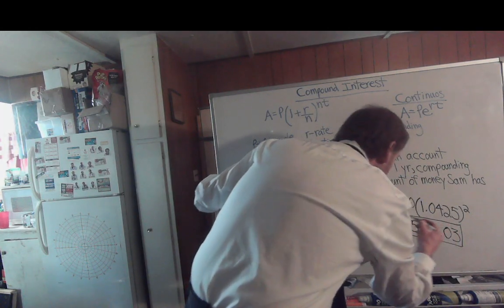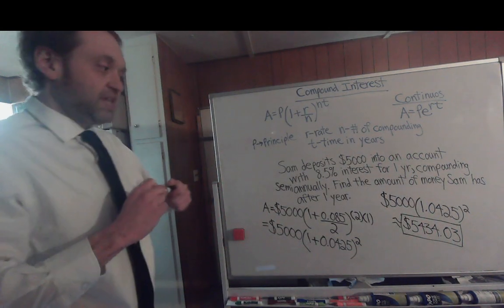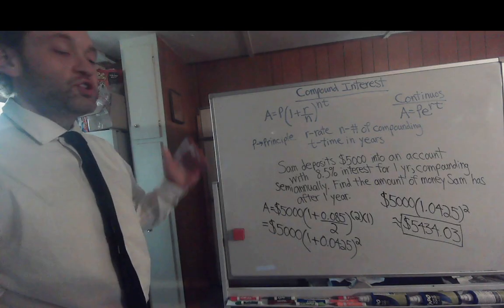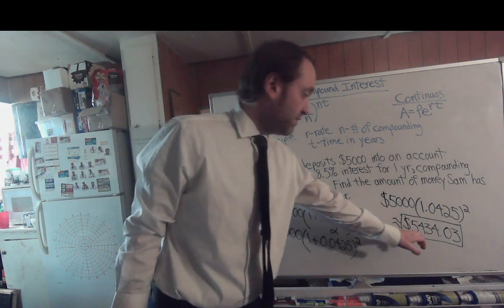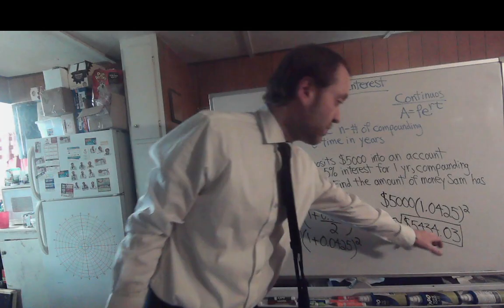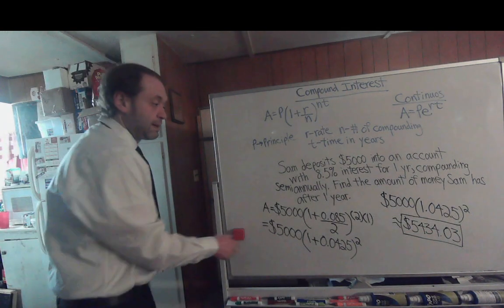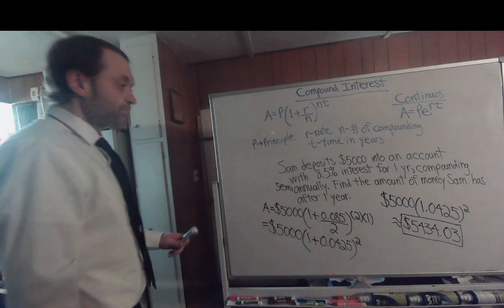So if he left that $5,000 in the account for 1 year, but the interest compounds twice in a year, at the end of the year he'll have $5,434.03. Okay.